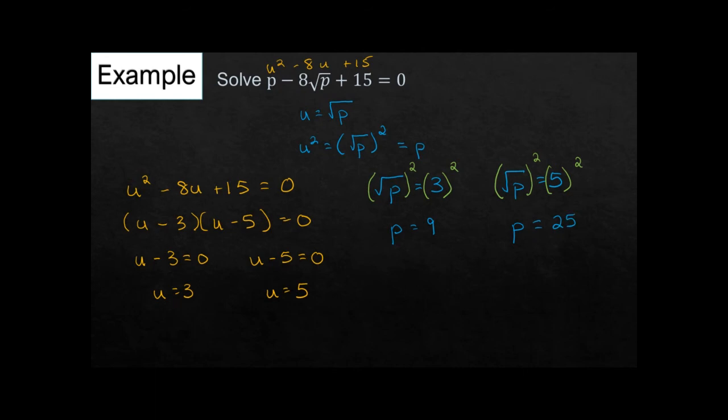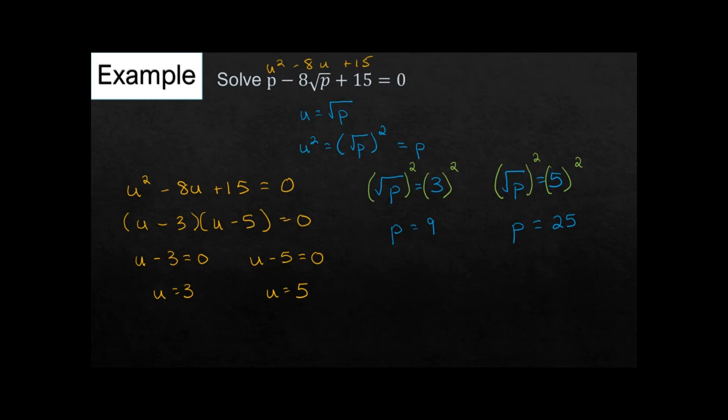Now the thing about solving radicals or square roots is you always have to check your answer. If there's a single p under the square root, there's likely to be only one solution, and one of these is likely to be an extra solution that pops up from the process of solving but is not a real solution.